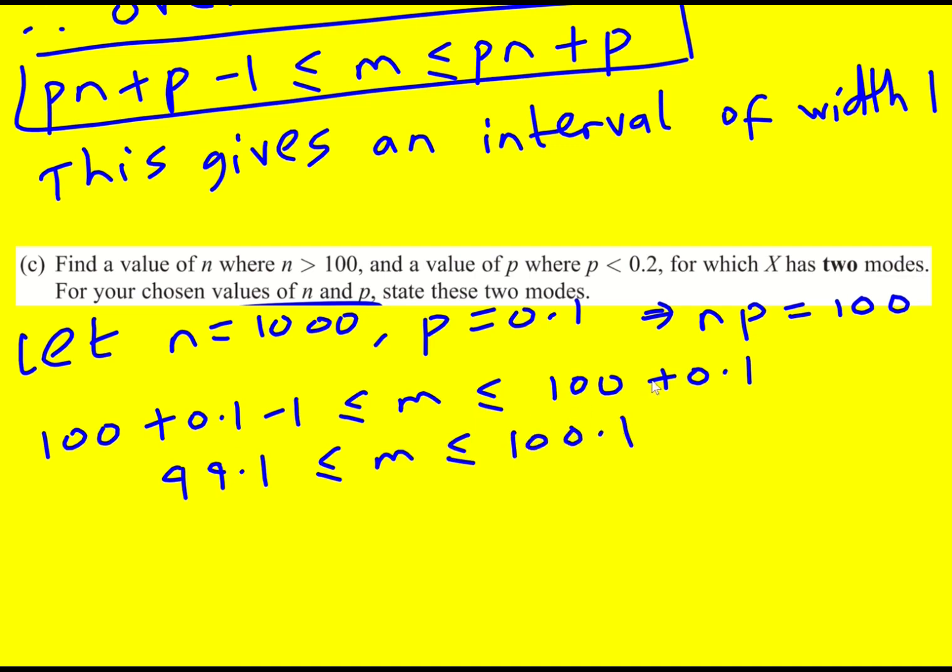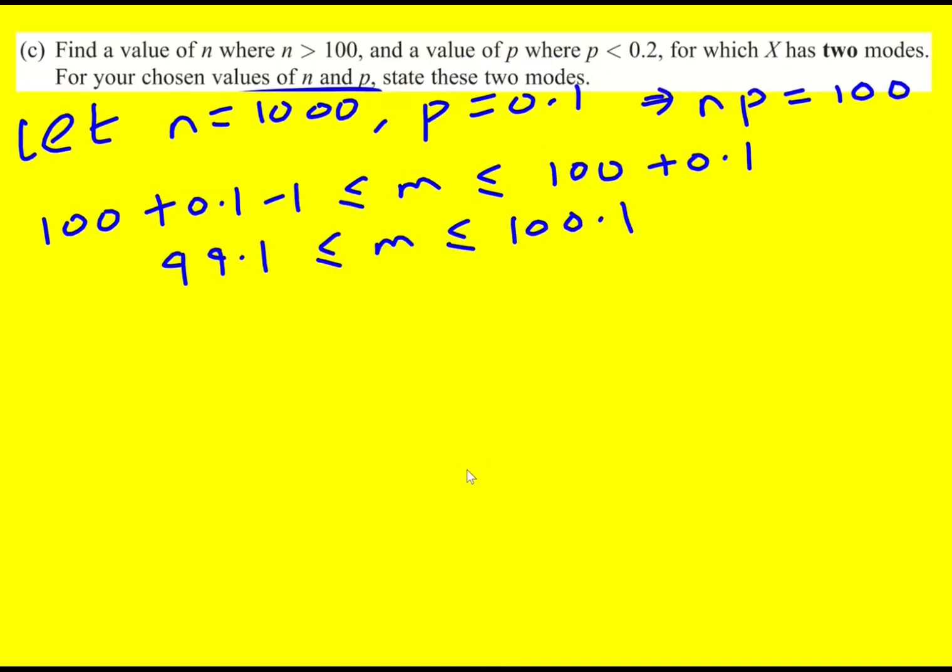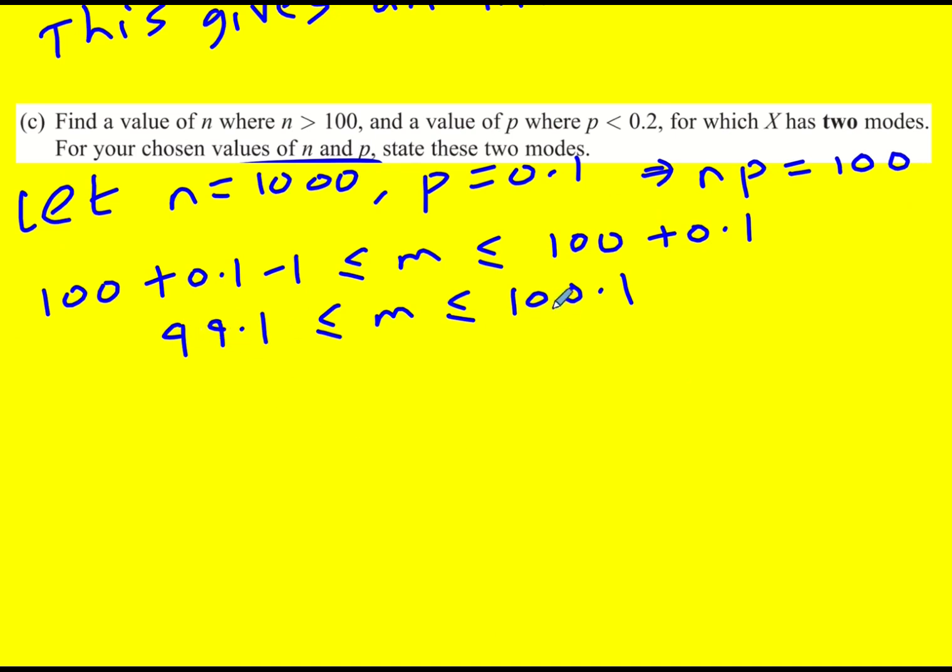So that didn't quite work, but it gave me what I should actually use instead, because I want them to be 99 and 100. That would be one thing that would work, and I can get that if, instead of 100, I get 99.9. So only one mode here.